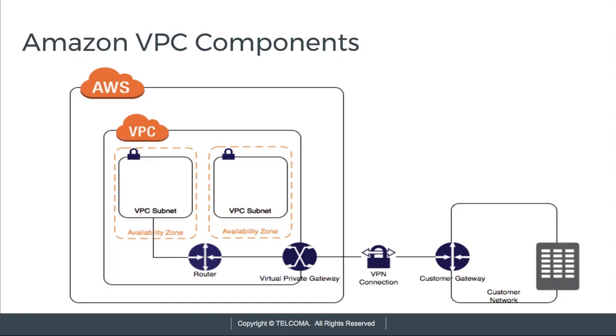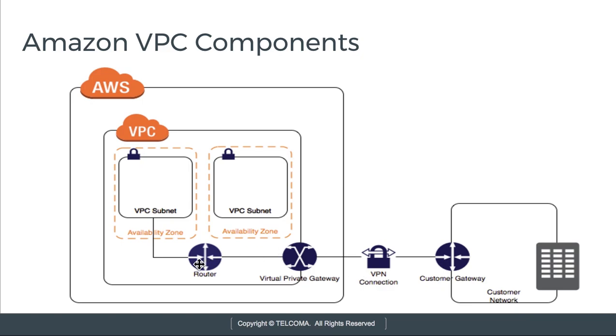So let's discuss these components in Amazon Web Services. Under this we have a virtual private cloud, and we have created a subnet in it. This is one availability zone, one private subnet, then the VPC subnet. At the router, we require a virtual private gateway, and you create a VPN connection. Here at the customer network, we require a customer gateway.